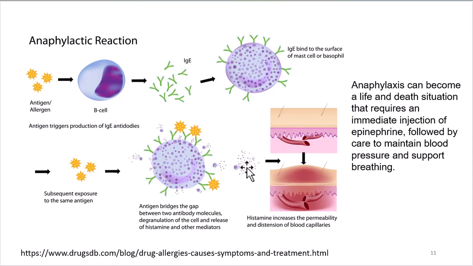And when this reaction becomes very strong, the heparin, first of all, causes the blood not to clot. The histamine causes the vasodilation and can lead to swelling of tissue.